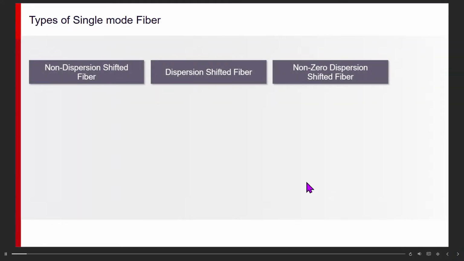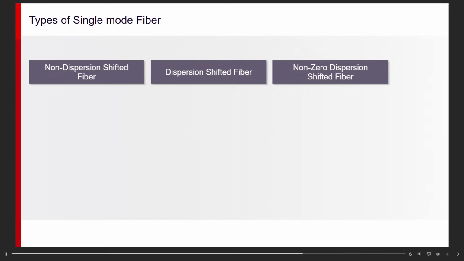Although there are various names used to describe different types of single-mode fiber, the ITU has defined standards that describe the geometrical properties and transmission properties of single-mode fiber optic cables. The 3 most common types of single-mode fibers used are non-dispersion shifted fiber or standard single-mode fiber, dispersion shifted fiber, and non-zero dispersion shifted fiber.